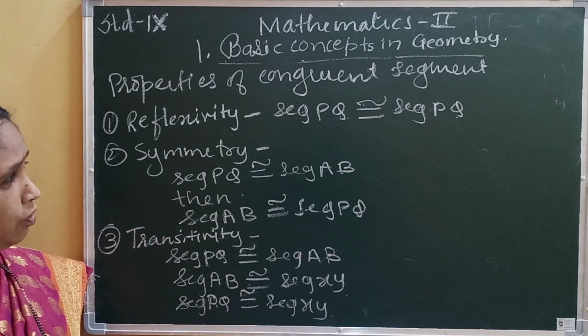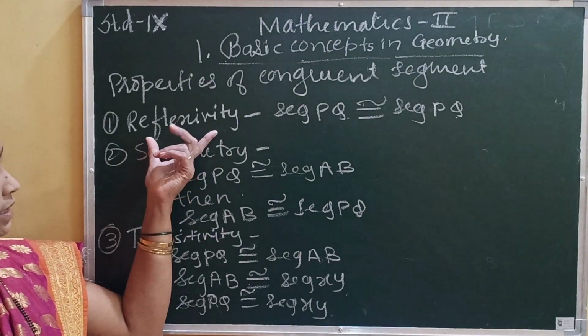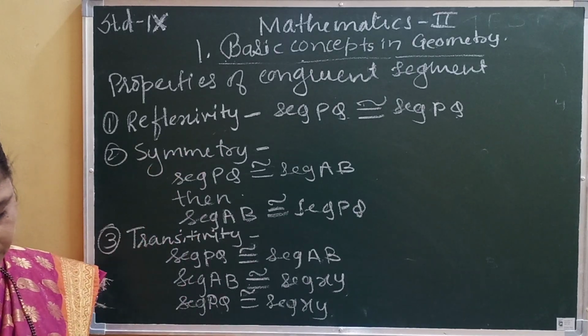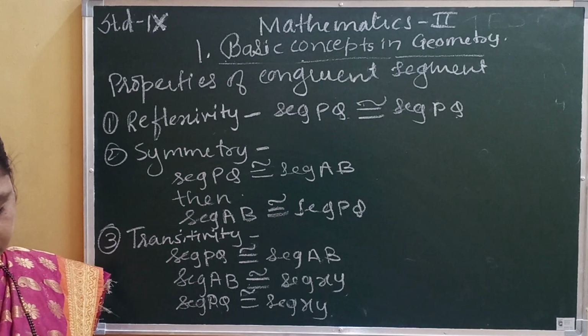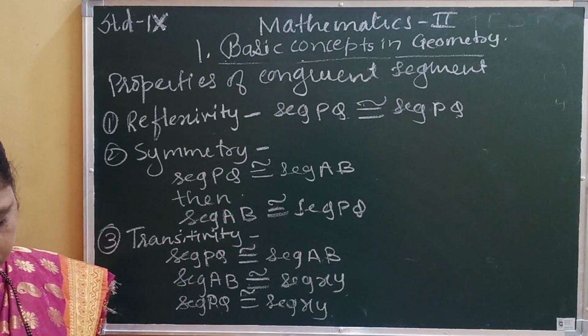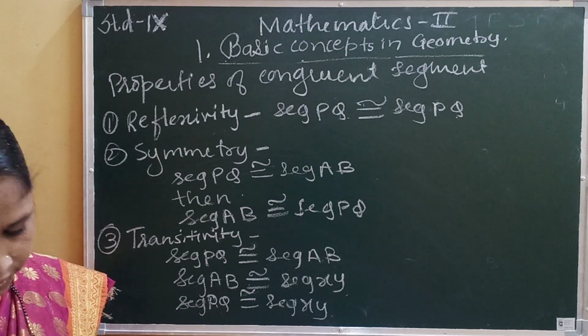The properties of congruent segments are reflexivity, symmetry and transitivity. Now next is perpendicularity of segments or rays.